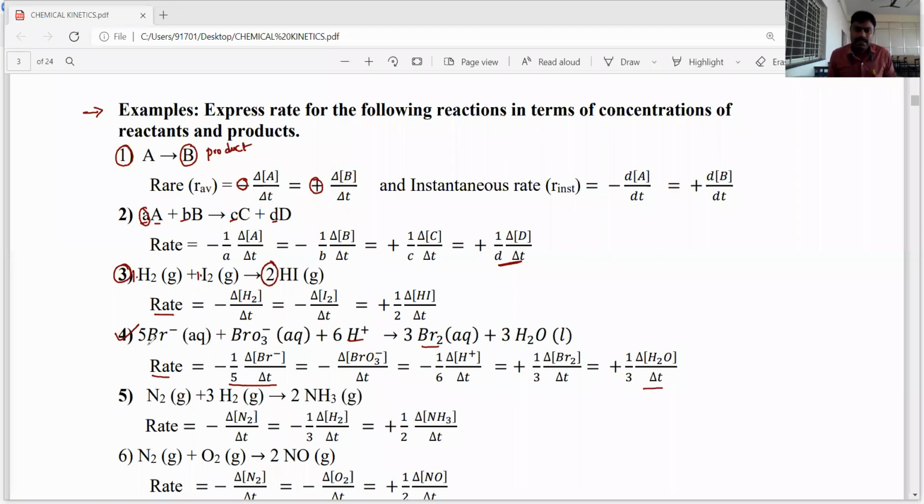Okay, dear students, in the same way, we have to express the average rate with respect to the formation of ammonia: N2 plus 3H2 is converted into 2NH3.